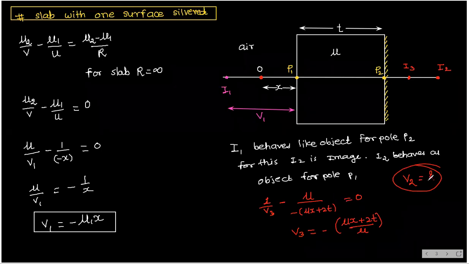Check whether you are getting this or not. Find out P2 and V3. If you did not get it, tomorrow again I will explain. Don't worry, just try. Up to here it has come, right? What will happen after this? Just try to solve. If not, I will solve again.